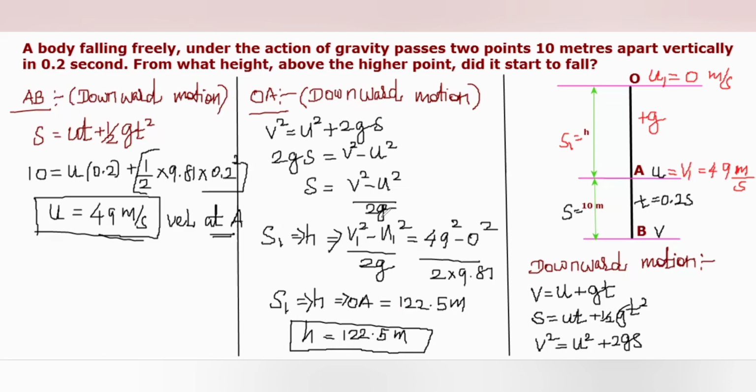Once again I repeat the procedure, what all we did here. A body is at point O, falling freely under the action of gravity. In its downward path, it crosses two points, say A and B, somewhere else.